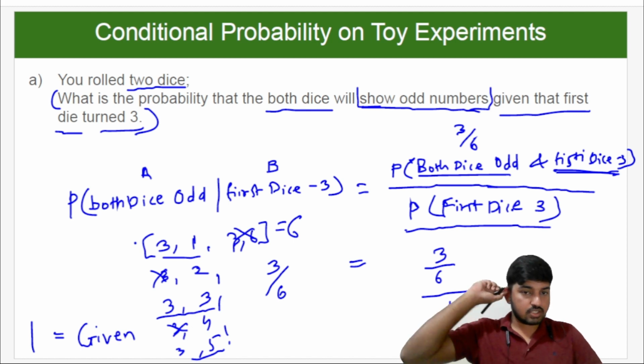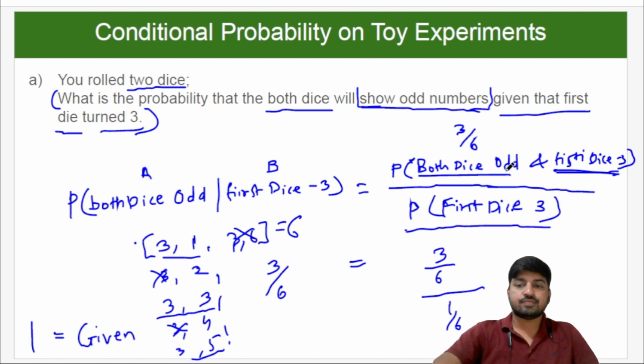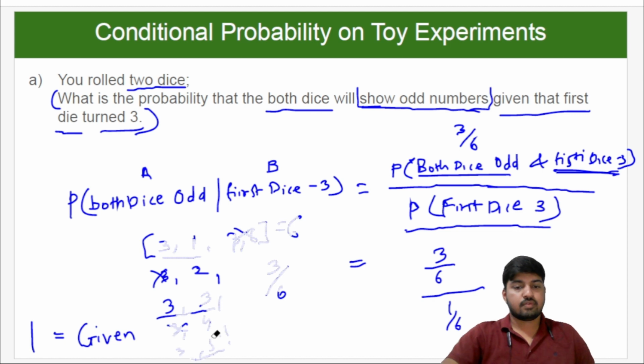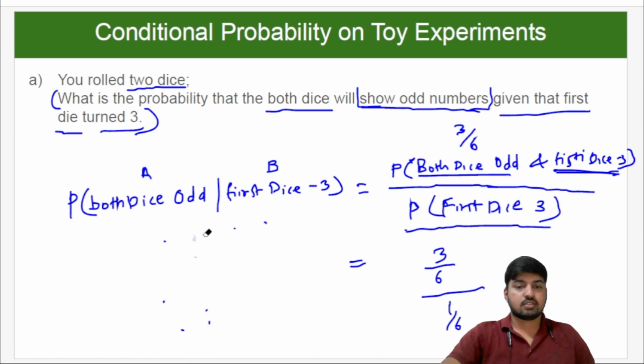I think we are doing something wrong over here. We'll recalculate this. Both dice should be odd.